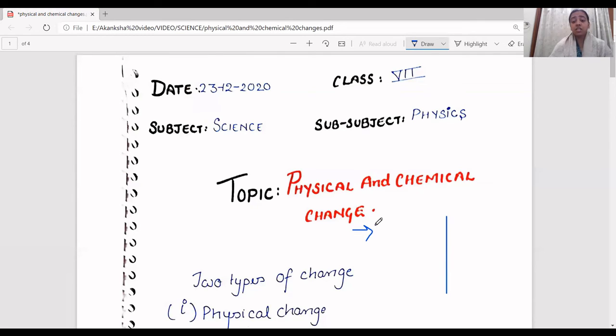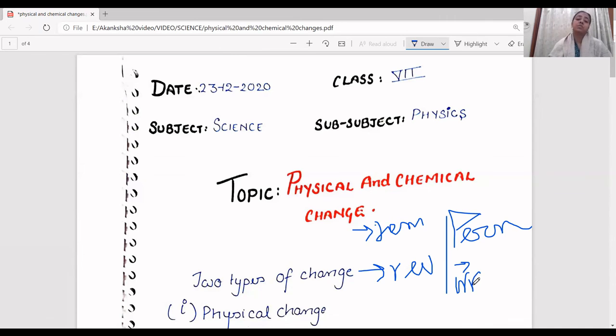Physical is temporary, and chemical is permanent. Physical is reversible, whereas chemical is irreversible. So these are the two differences between the physical and chemical changes.